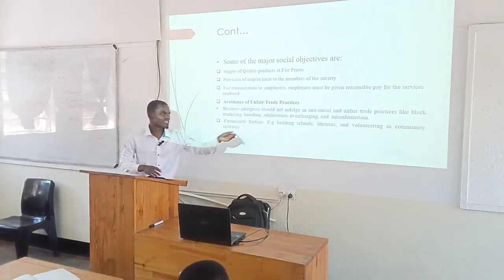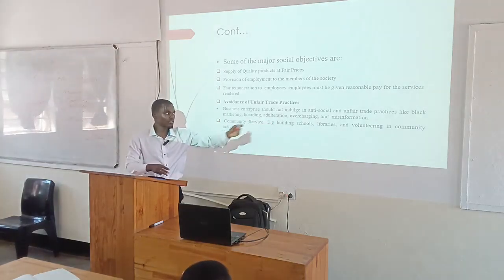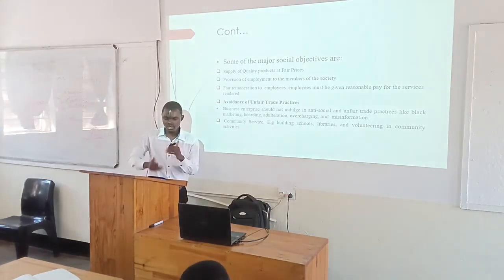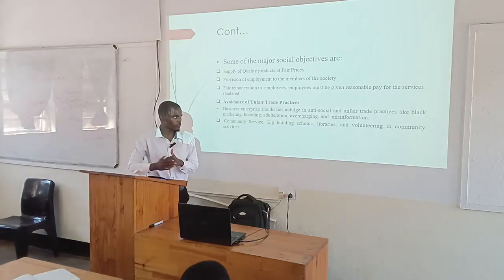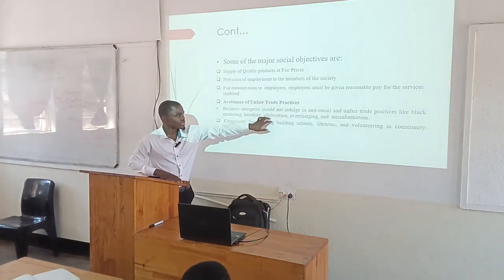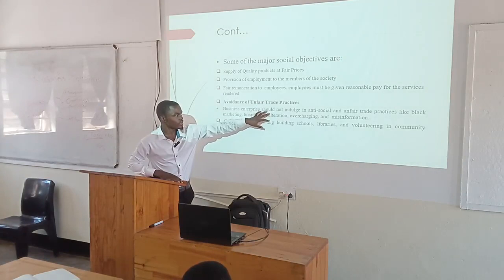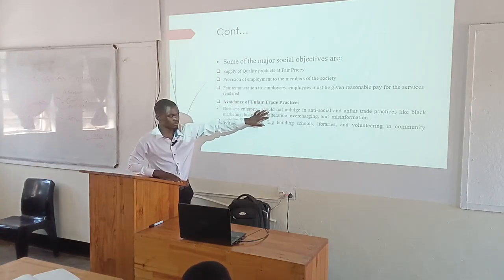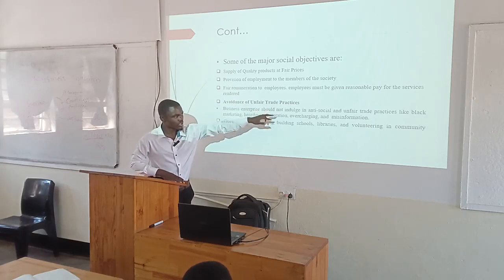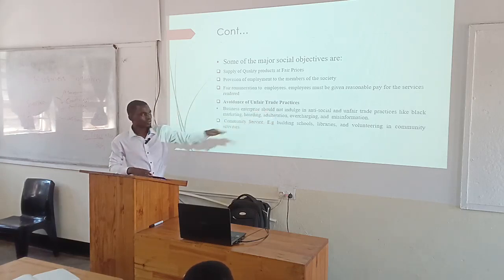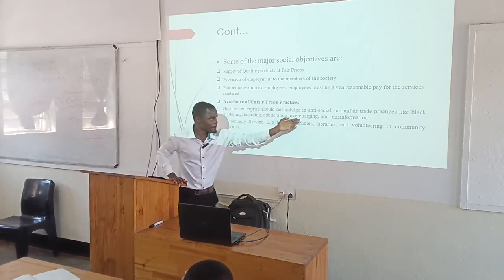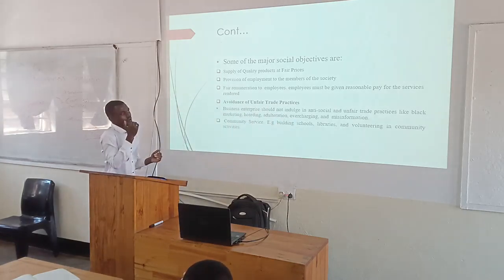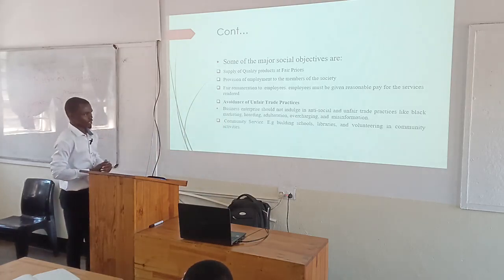An example would be a phone which is expensive, and then someone puts in some ingredients that affect the overall quality of the phone. So you are misleading customers, and at the end of the day, you are not serving the social objectives of an organization. Overcharging, which is you are overcharging customers, is also an unfair trading practice that should be avoided by organizations.